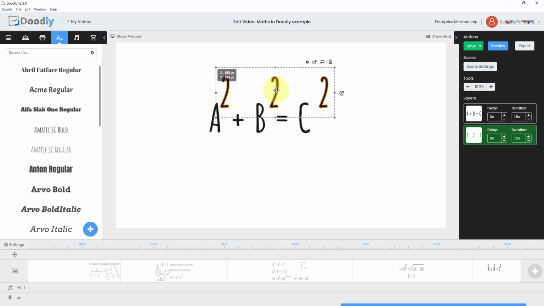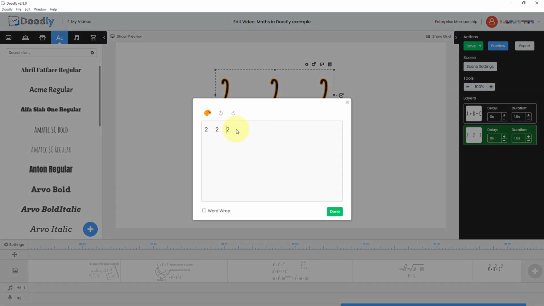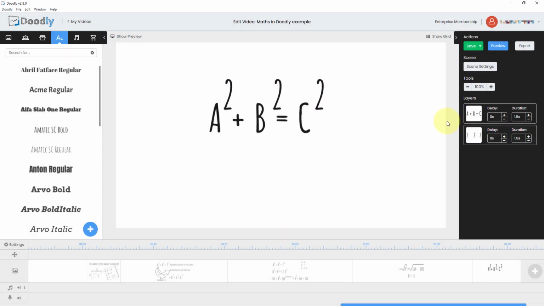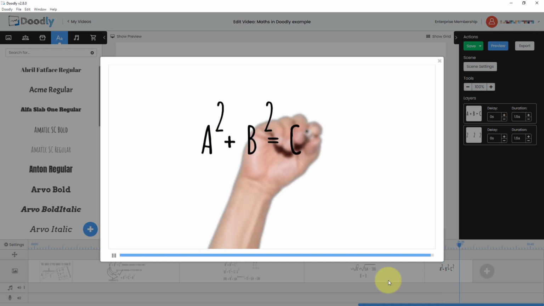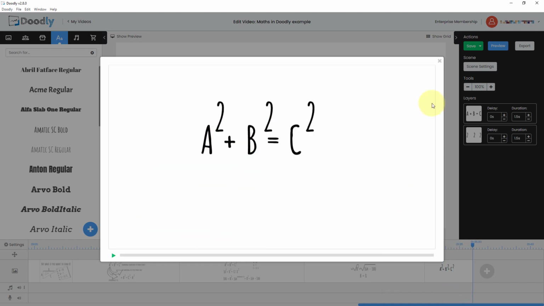Like so, and then we can put that in like that. I'm just going to change that spacing there. The problem we have is it's not going to look particularly natural when we draw it in, but let's have a look anyway. So that doesn't look particularly natural. That's not how you would write that formula, but that is a quicker way of doing it.